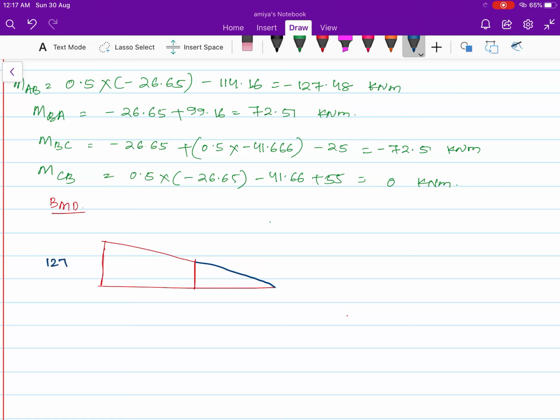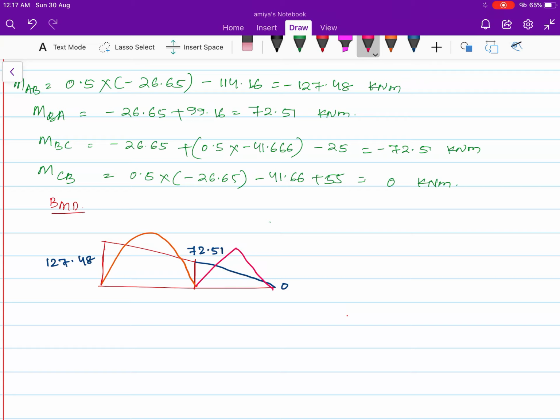This is 127.48, this is 72.51, this is our 0. Now due to our UDL we'll get a curve like this, and for the point load we will get a shape like this. So this is our bending moment diagram.